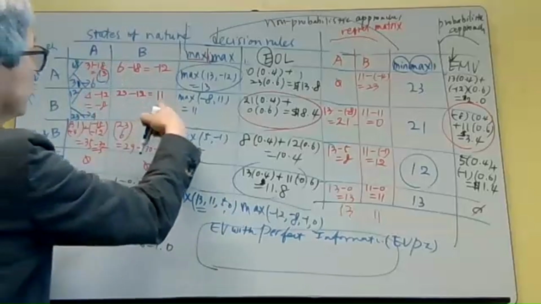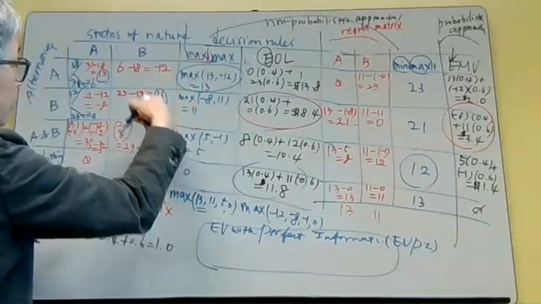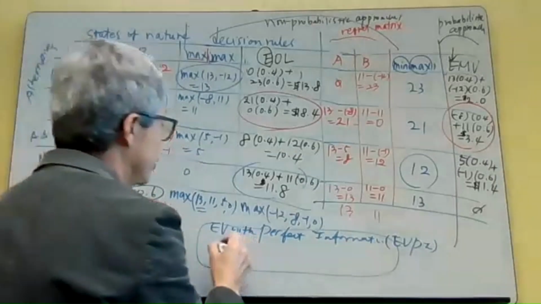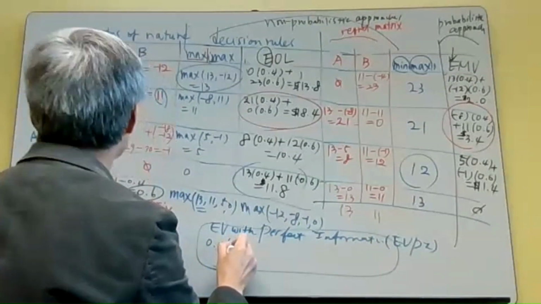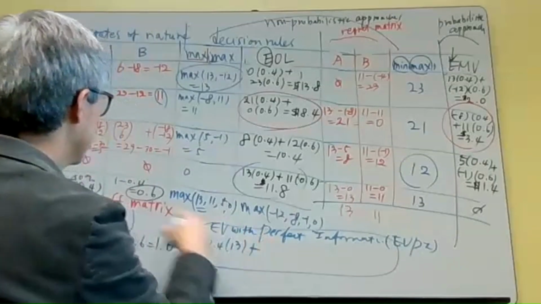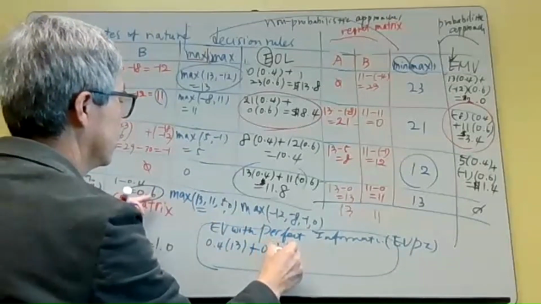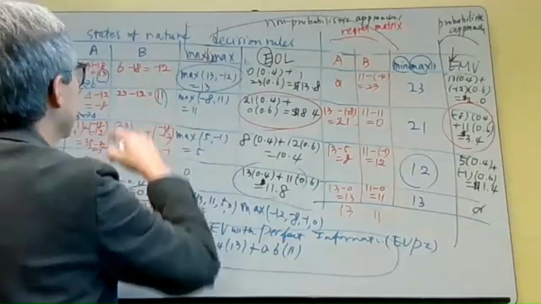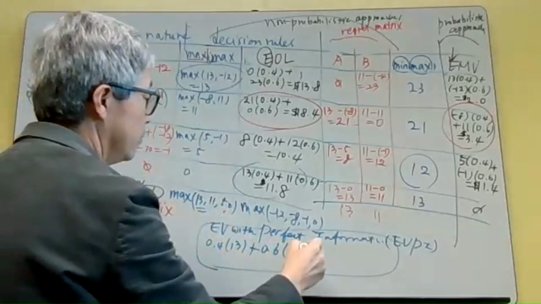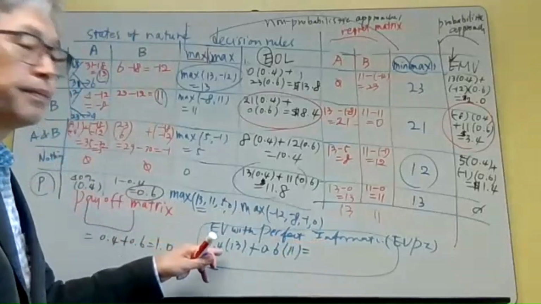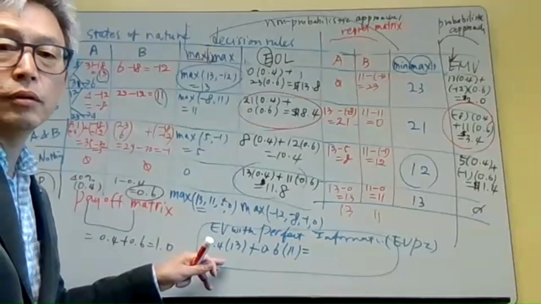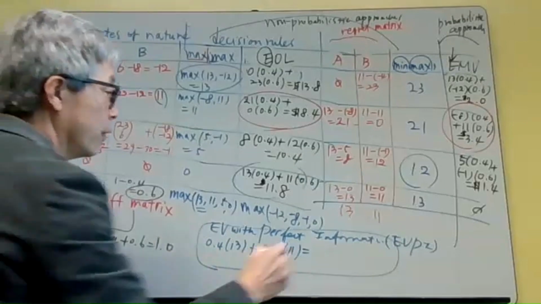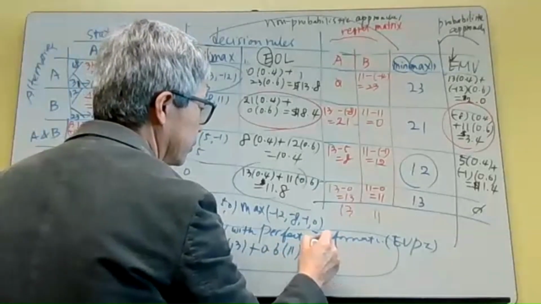And then $11 million is the maximum under state of nature B. So 0.4 times 13 plus 0.6 times the maximum payoff under the state of nature B, which is 11.